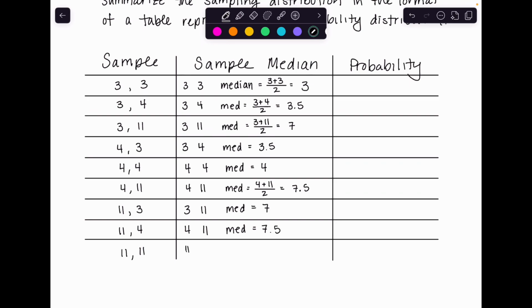And then finally 11 and 11, it's the same number, so the median is 11.